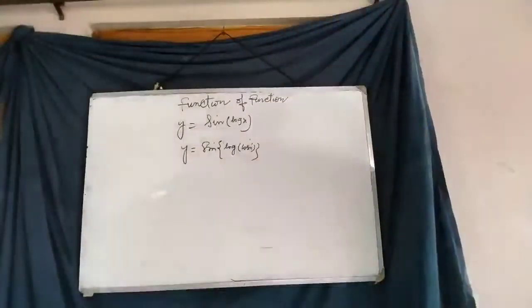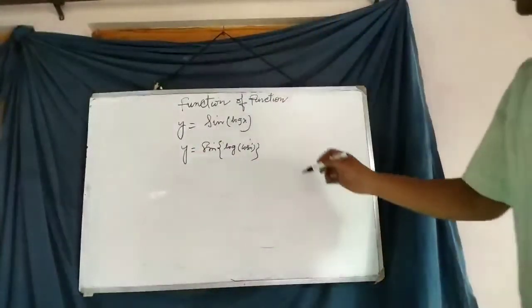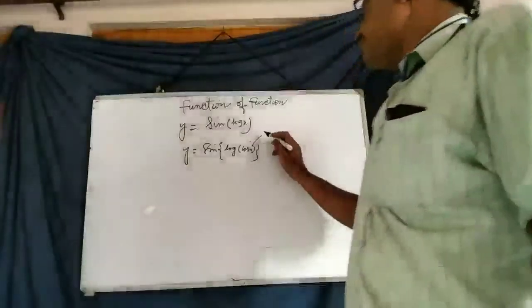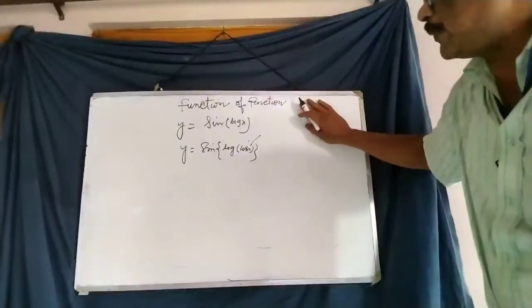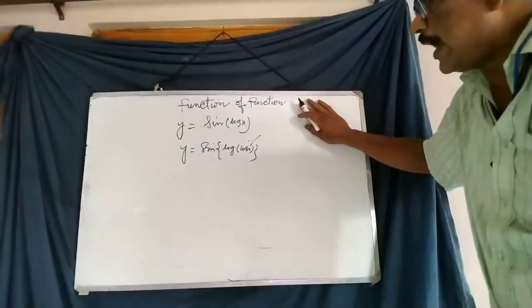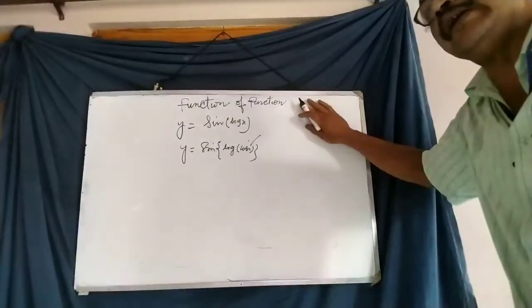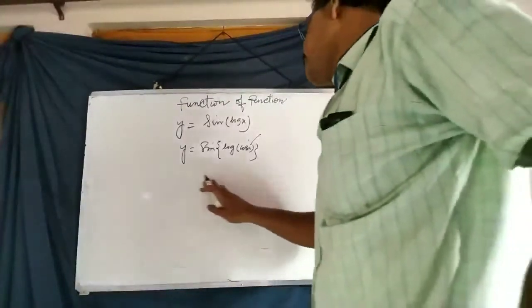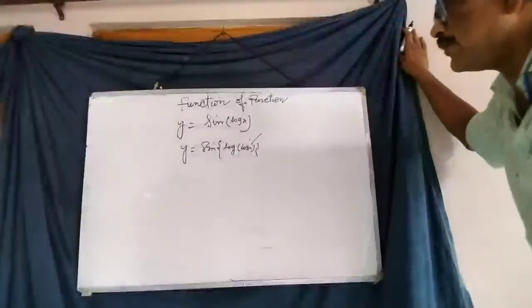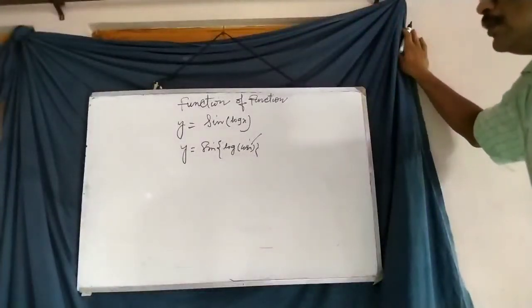Here log cos x is the function of cos x. Cos x is the function of x. And sin log cos x is the function of log cos x. There are 3 functions here.